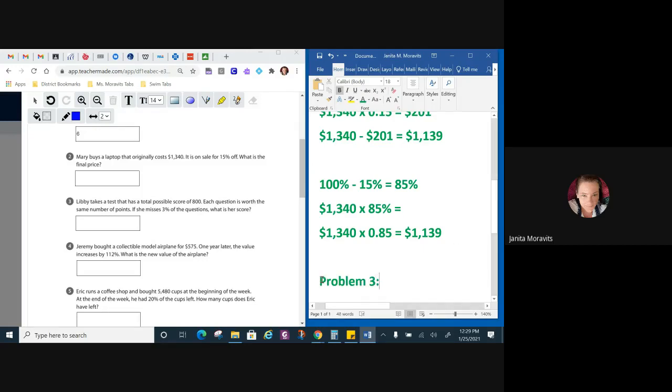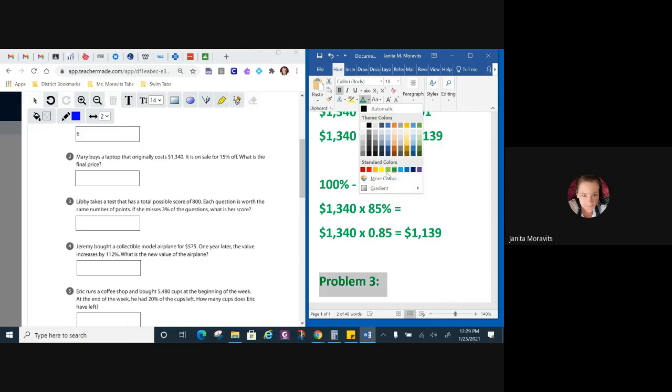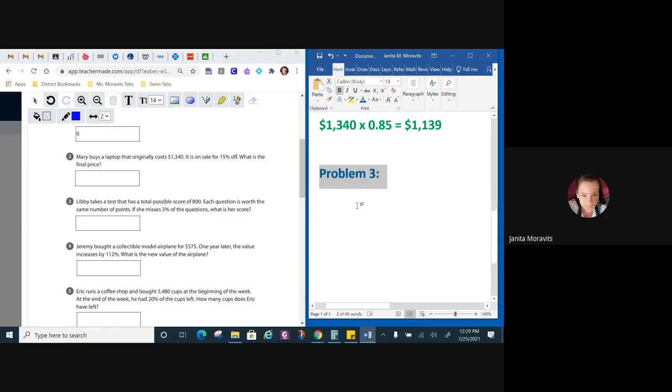All right, here's problem 3. Let's make it a new color. Blue? There we go. Problem 3 says Libby takes a test that has a total possible score of 800. Each question is worth the same number of points.